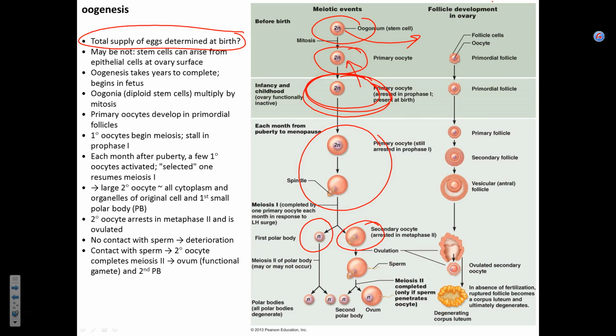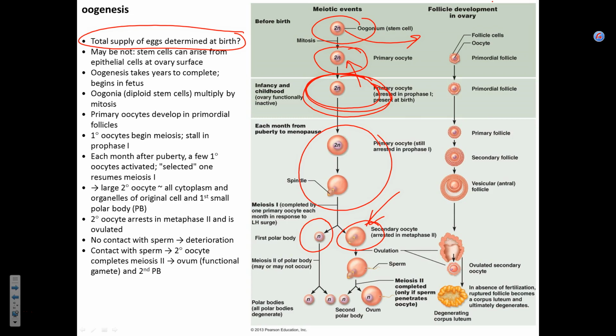What is the first polar body? It's a dysfunctional cell, which is sort of an offshoot of the meiosis. Does that make sense? So it's not fertile. The secondary oocyte is fertile.